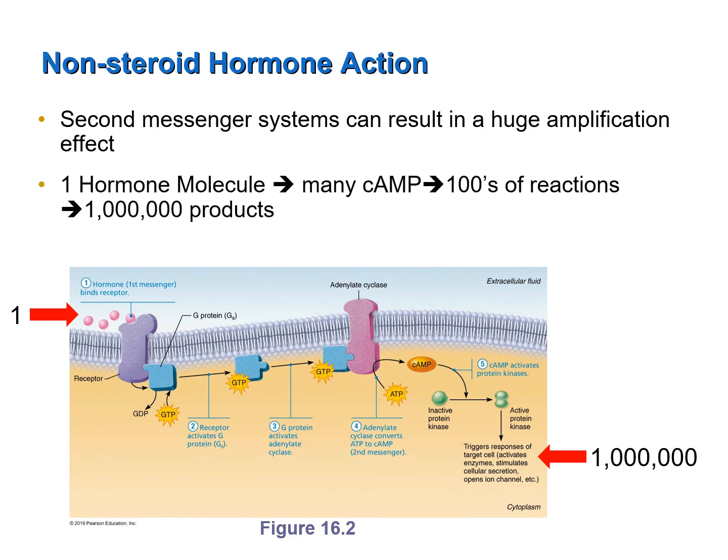So you can have one hormone molecule that produces many cyclic AMPs, which then catalyze hundreds of reactions, which then lead to a million products.